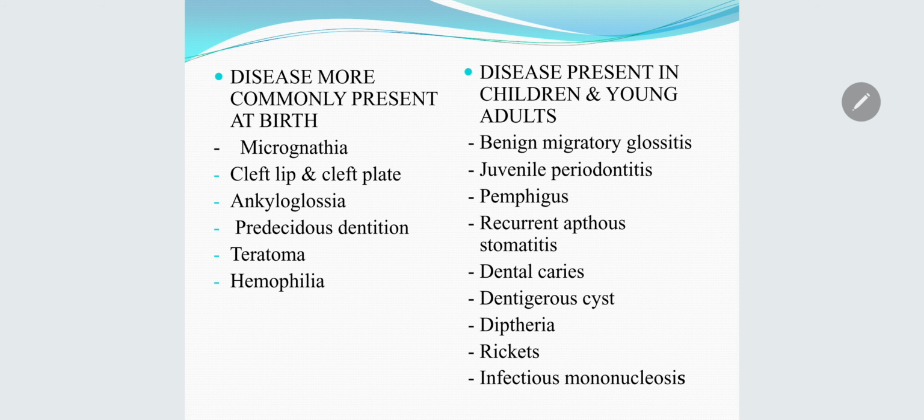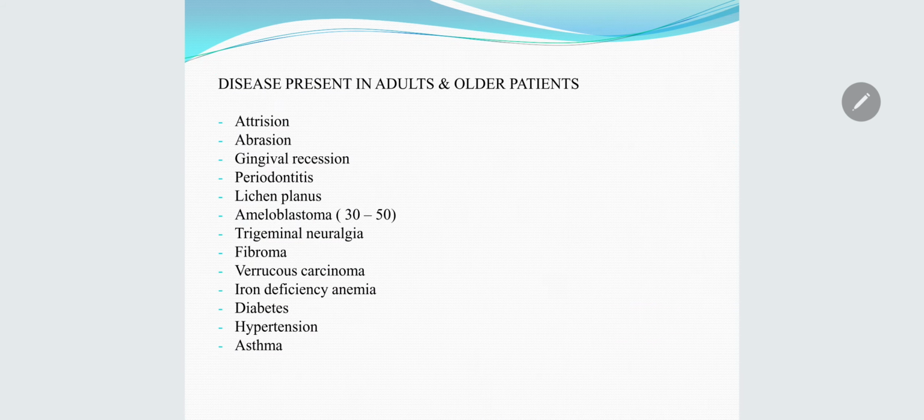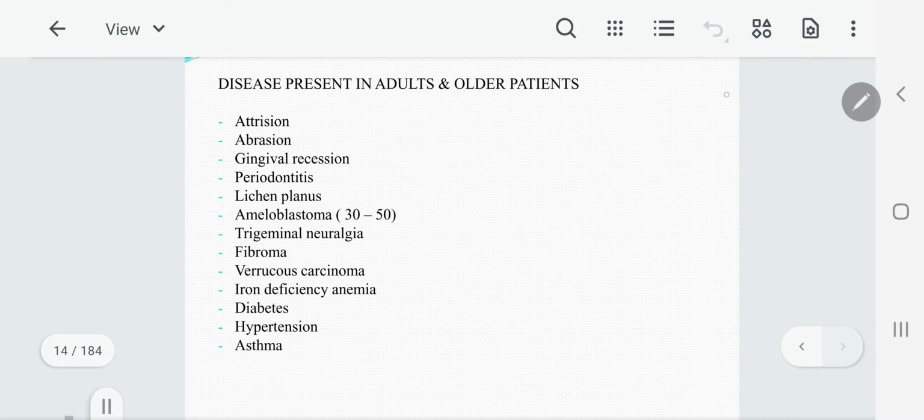In adults and older patients, we will see mostly gingival problems, lichen planus or ameloblastoma, trigeminal neuralgia, hypertension, and diabetes, which are very important for us. Hence age is important in recording.